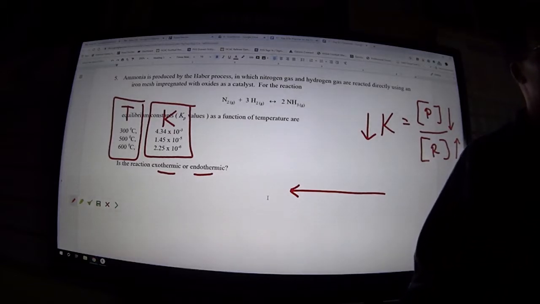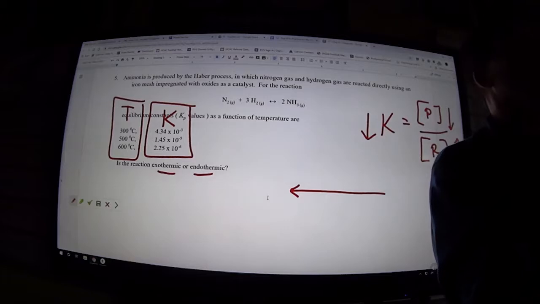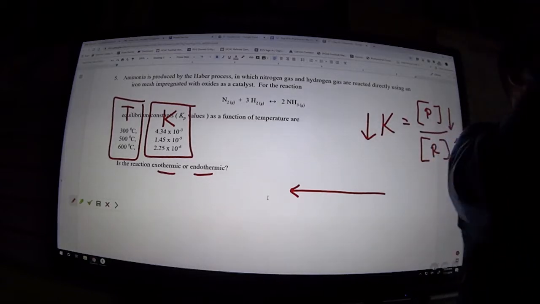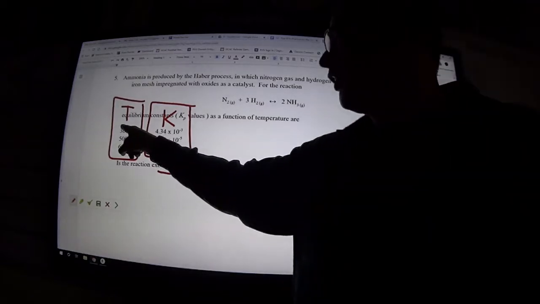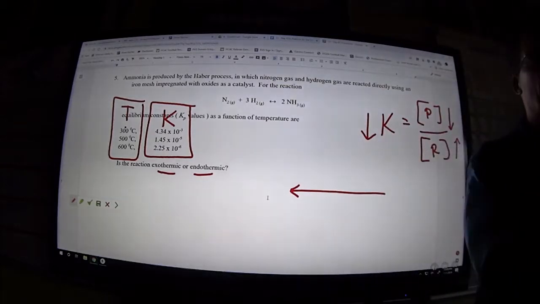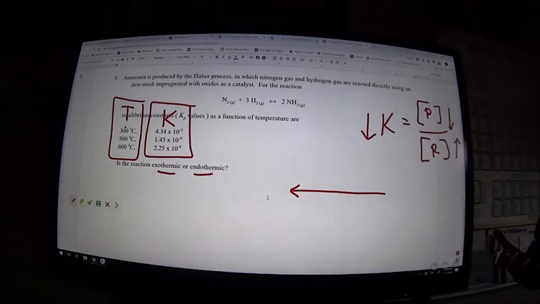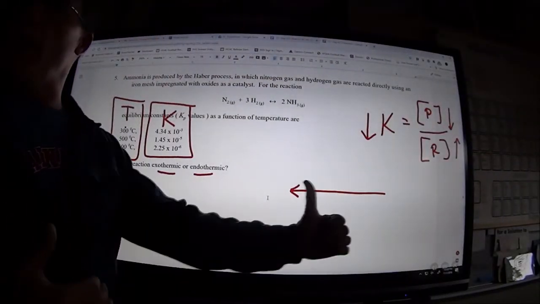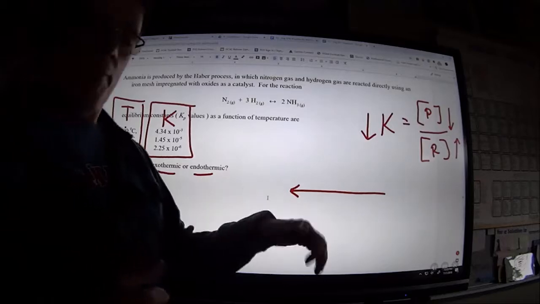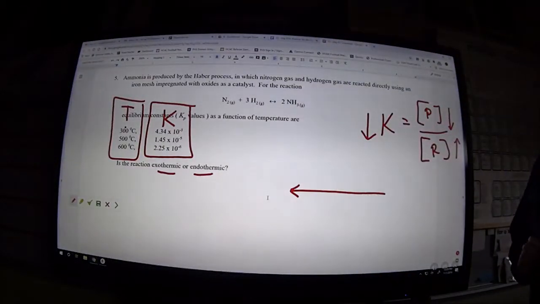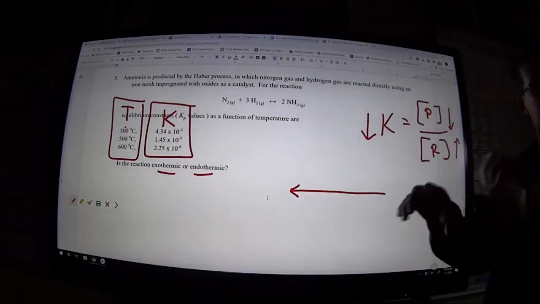Riley, say it again. Energy goes on the right. I don't want that. I want to know, was energy added or removed? Because that's the key. So we're adding energy. If we're adding energy, do we put it over here where the arrow is shifting toward me, or over here where the arrow is shifting away from me?